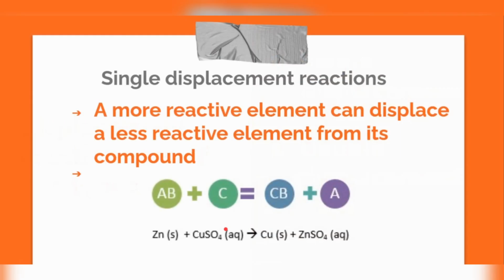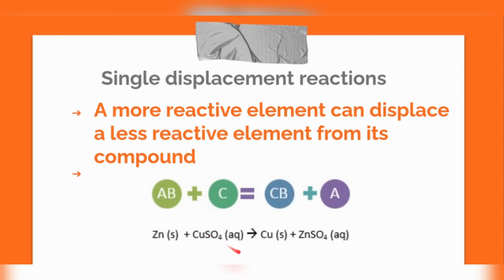What is meant by single displacement reaction? The reaction which we explained now is a single displacement reaction. As I told before, a more reactive element can displace a less active element from its compound. For example, consider the reaction between zinc and copper sulfate. When you compare the zinc metal with the copper metal, zinc is more reactive than copper, which means that zinc can displace copper from its compound.